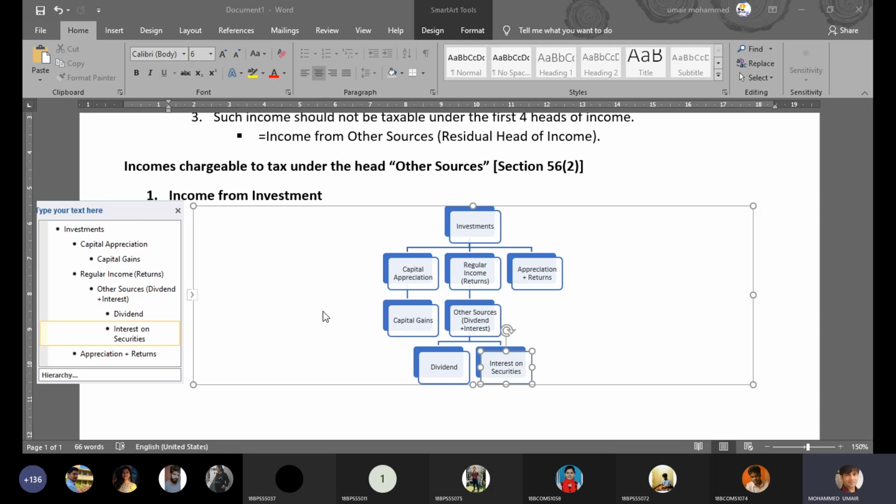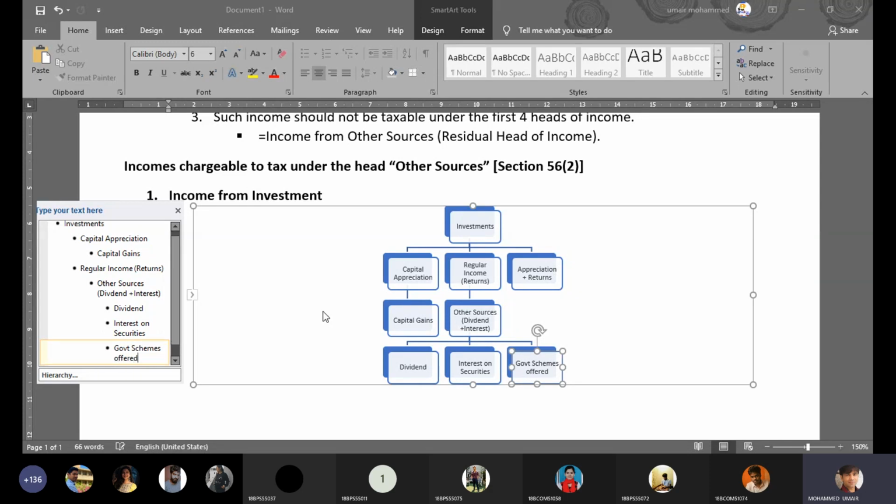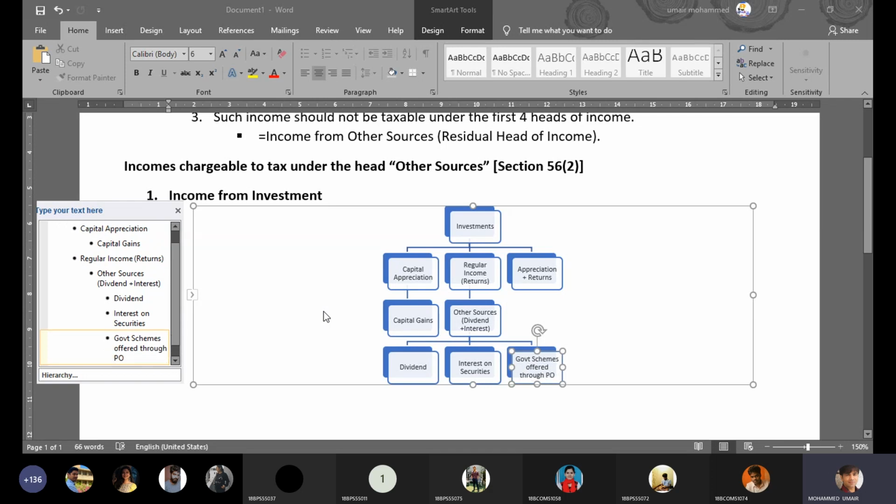Securities are financial instruments like bonds, debentures, on which you get interest. Then you also get interest on government schemes offered through post office or other nationalized banks.